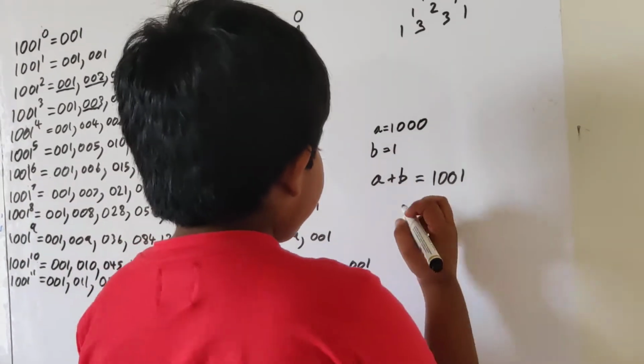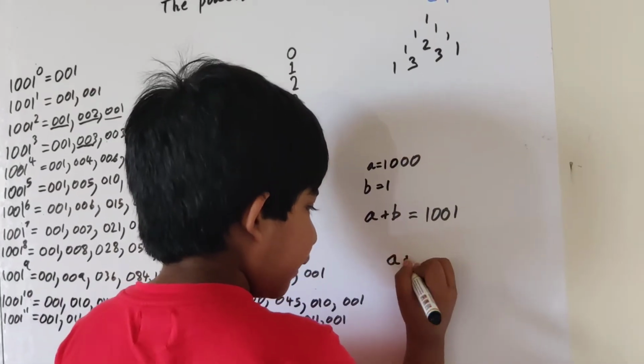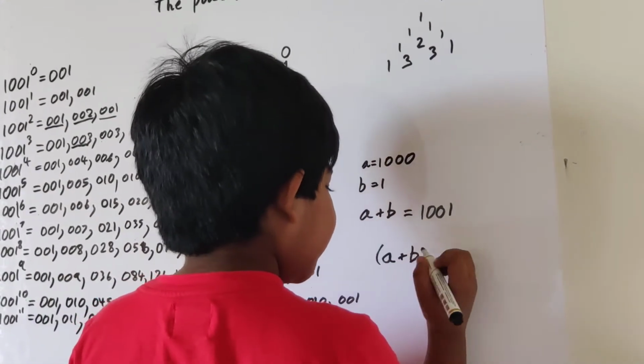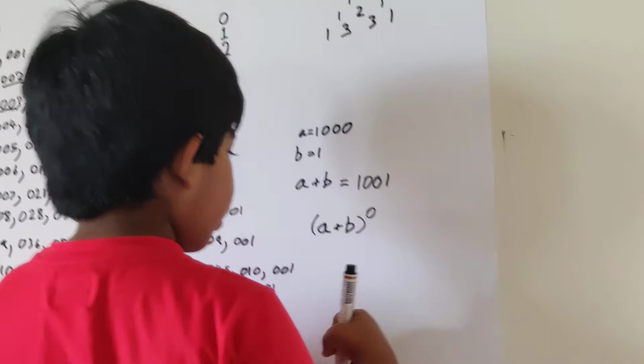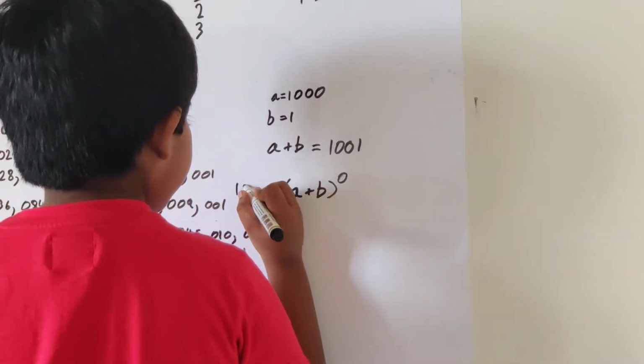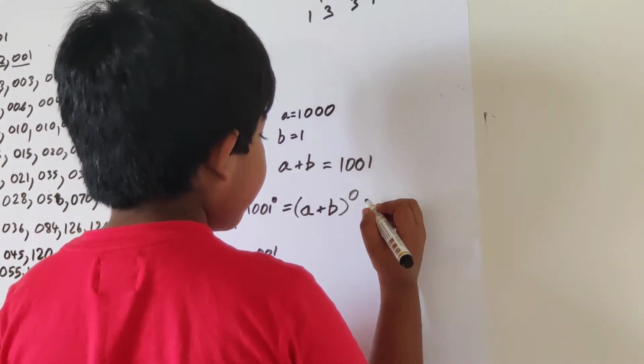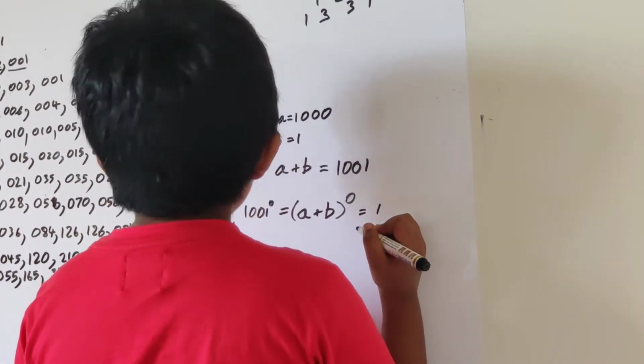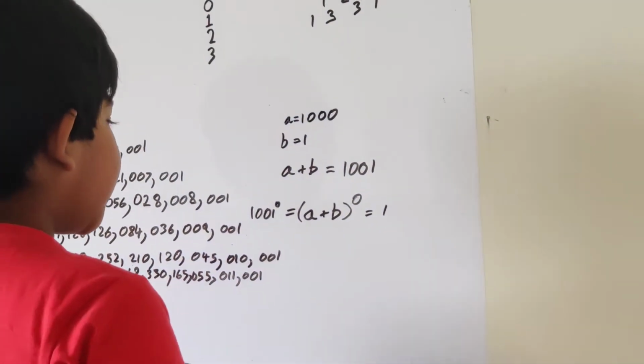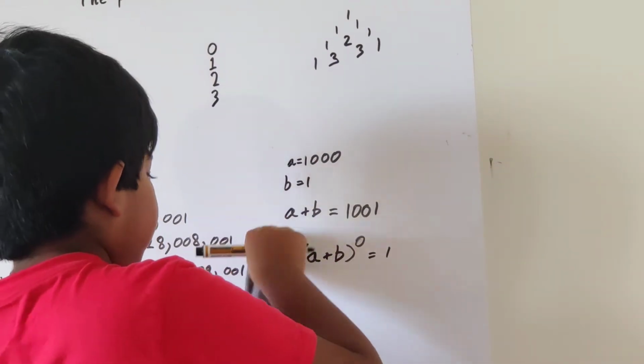So let's use our formulas for that. A plus b to the 0, 1001 to the 0 equals 1, simply like that, because that's a law of mathematics.